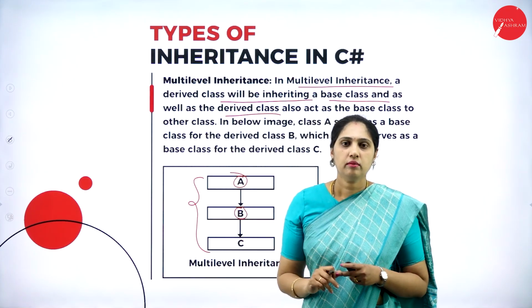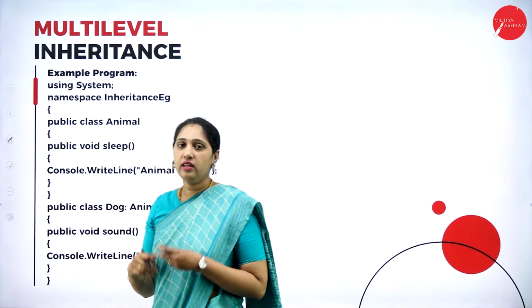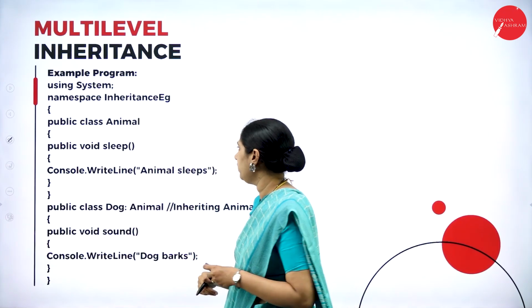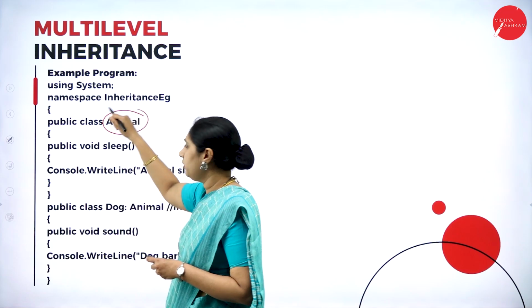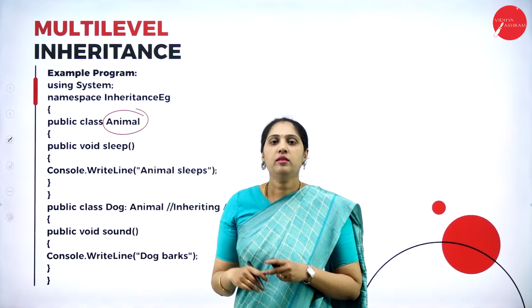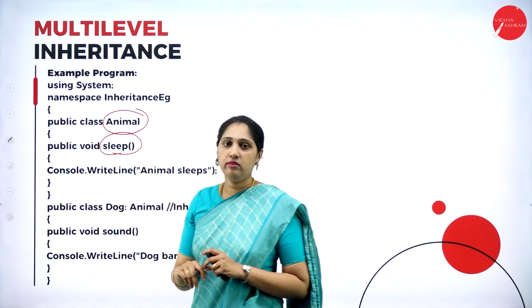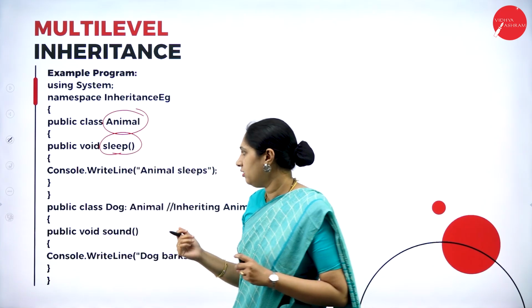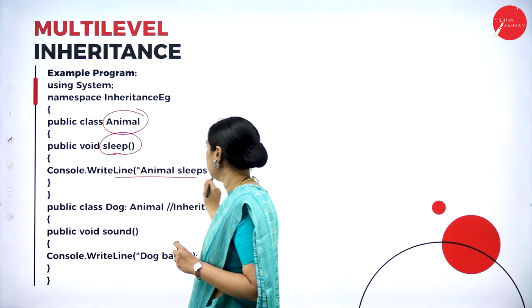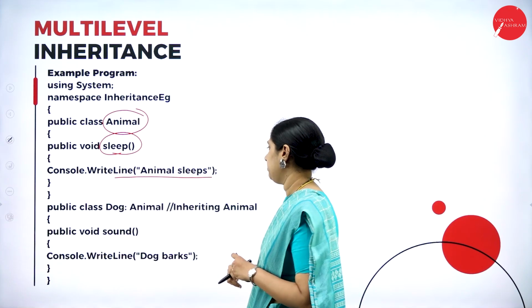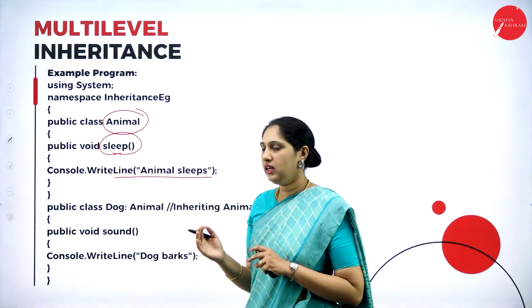So if we go to the example of it, we have taken an example of animal. What will animal do? Animal will sleep. All animals sleep. So the message here is animal sleeps. Then we'll take one more class, say dog.